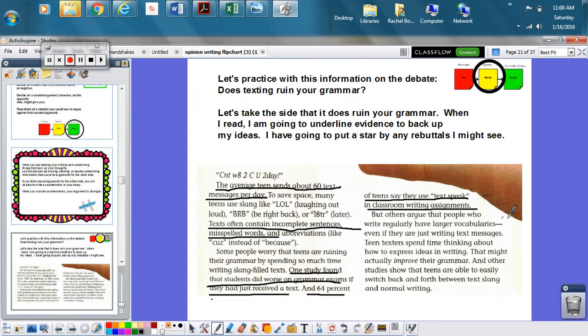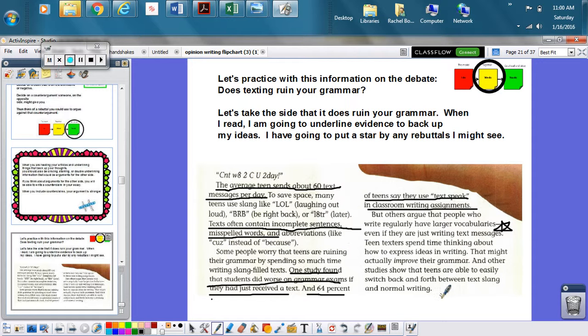So the students had me star this right here as a possible counterclaim for the other side, because what they're saying is, the opponents might argue, it does not ruin your grammar, because if you're writing, then you're writing. And the more that you write, the more opportunities you will have to express your ideas and maybe increase your vocabulary.